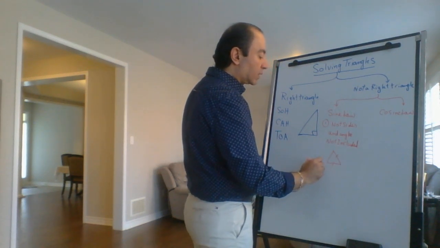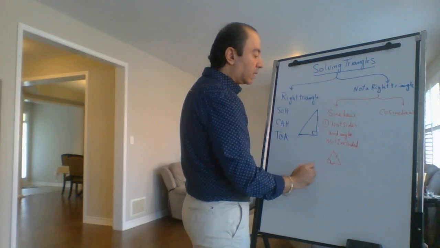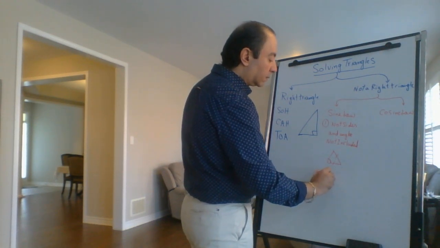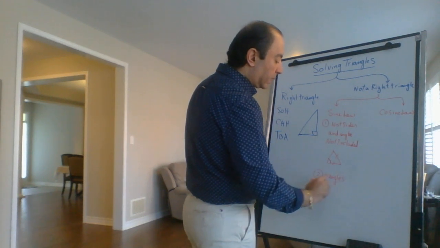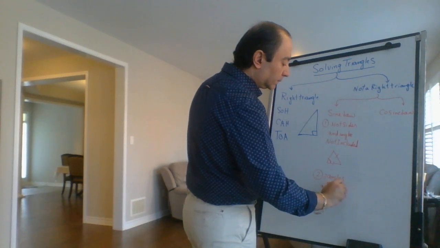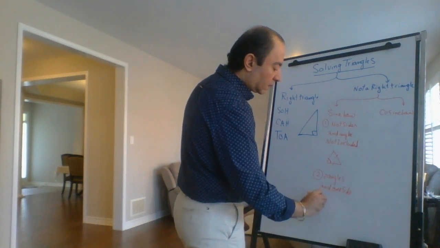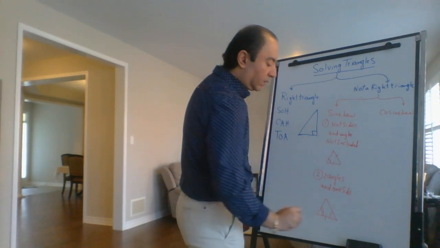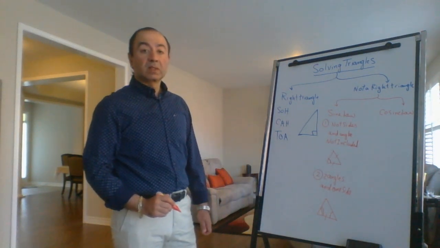Like I know these two sides and this angle. The second case, if we have two angles and one side, like we know this angle and any of these sides, we use sine law.